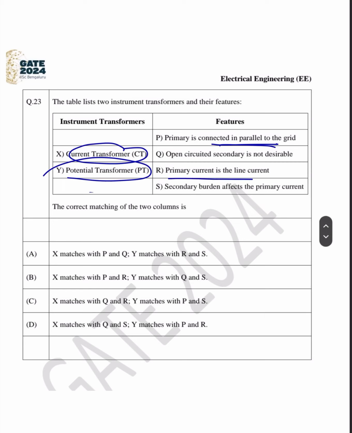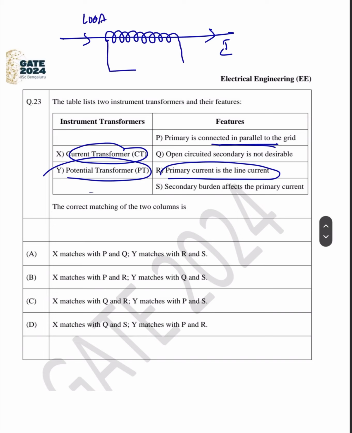What about primary current being the line current? This is the line current I am winding on this, and let this be 100 amperes. This is called 1 turn. This is 100 turns. Then this current is 1 ampere. So this is a transformer.